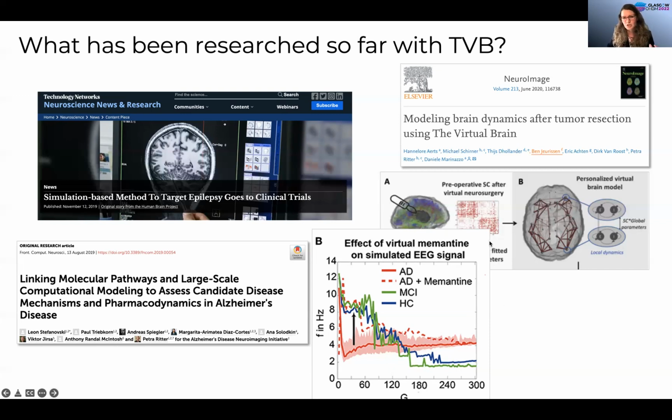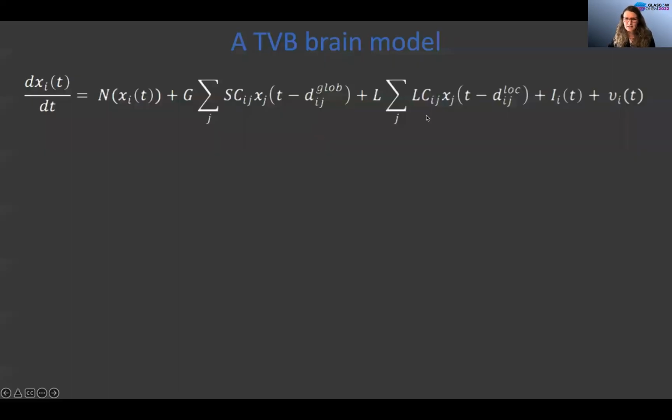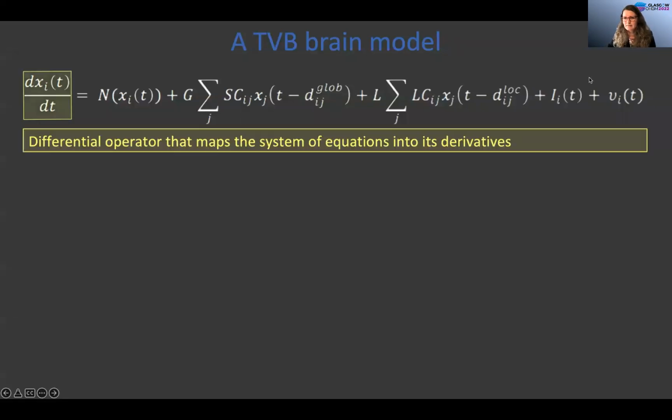And when you want to know more specifically what's basically the core of the virtual brain, it's this one equation. So as you can see, there is not a lot of magic here, let's say. It's one equation. What's this equation? It's a differential equation. And this is just the differential operator telling you what's the next time point of x.